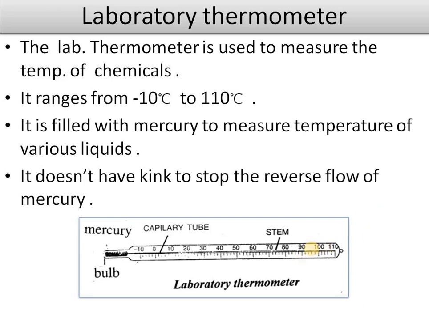And it is not easy to decompose it. If it is not showing the correct reading and you want to destroy it, it is not easily destroyable. So that's why we are using digital thermometers. There they are not using mercury. They are using bimetallic strips. It works on different principles.